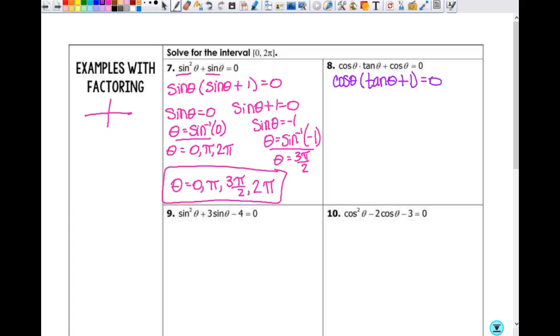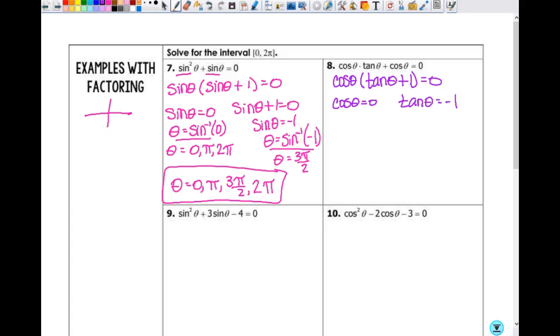I have it factored. I can set each factor equal to 0. So cosine theta equals 0. And if tangent theta plus 1 equals 0, then tangent theta equals negative 1. You okay with that step? Stop me if you don't know where I got that from.